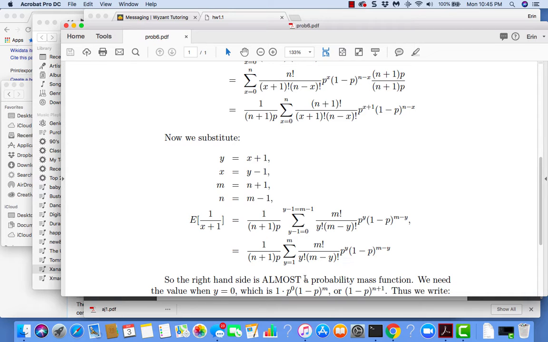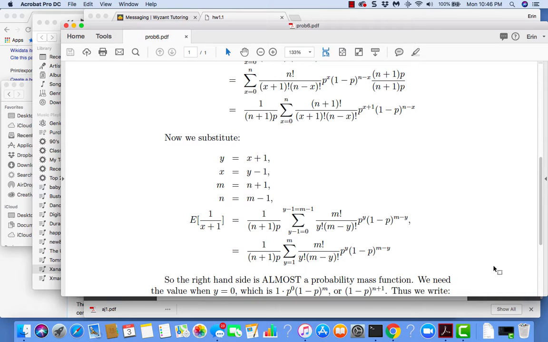P to the 0 power is just 1. And then I have 1 minus p to the m minus 0 power, or 1 minus p to the m. Or if you go back into the definitions, it's 1 minus p to the n plus 1 power. So if I were to add that in there, this whole thing would go to 1.